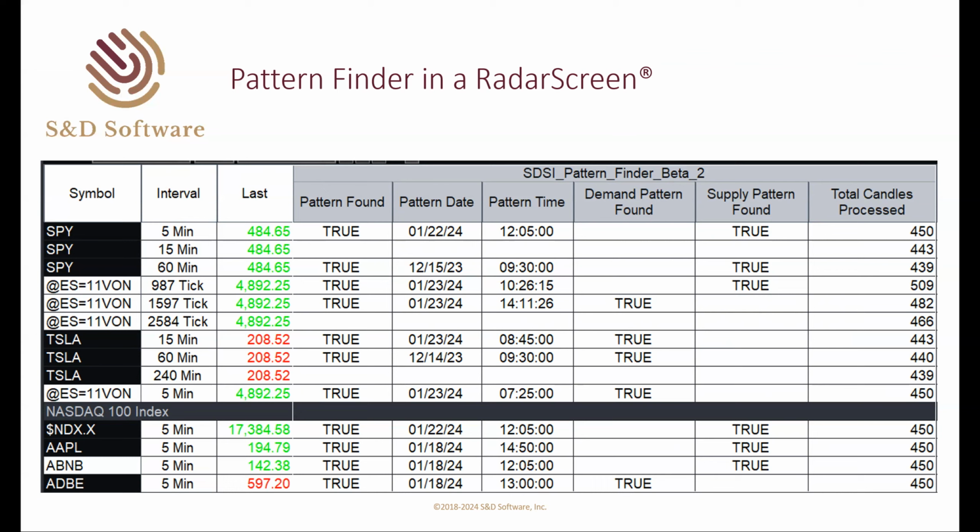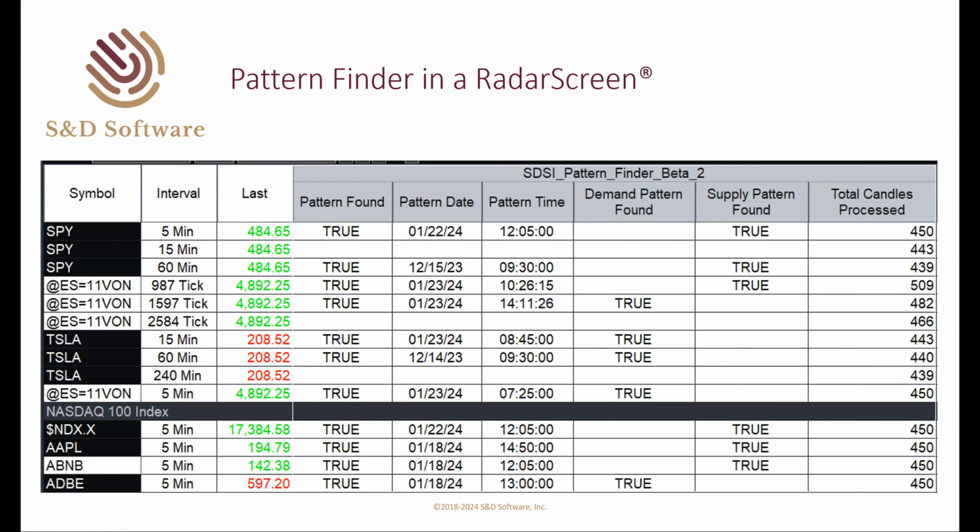Otherwise, you end up having to put the pattern finder twice in the scan, or you end up having to rely on something that's not obvious, like checking to see if you got a pattern time output, which you should get regardless of whether it's a demand pattern or supply pattern. But that's, like I said, not particularly obvious. It's a lot easier to have the pattern found output and to use that.